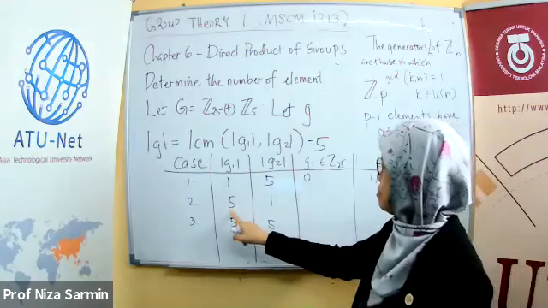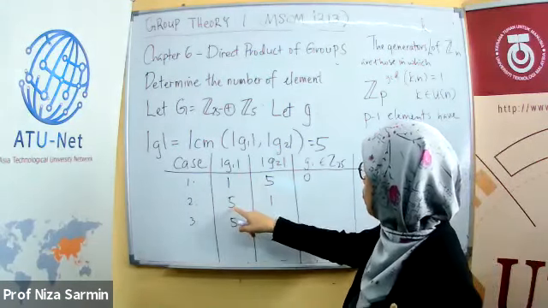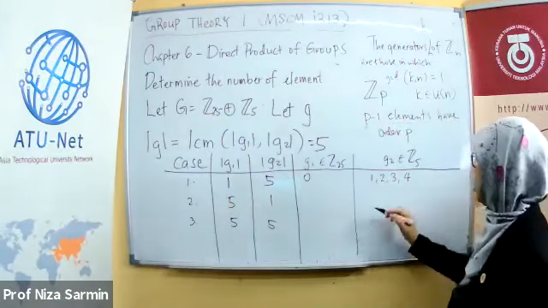For this, it's a little bit tricky. You want to find elements in Z25 of order 5. Okay.